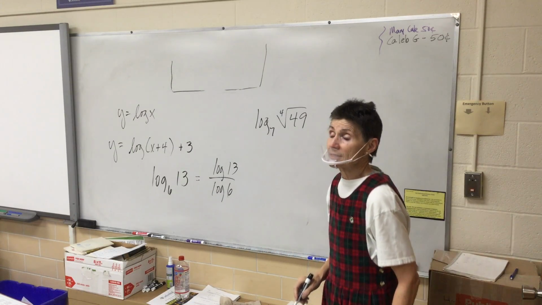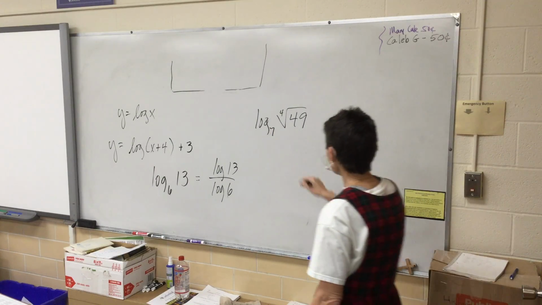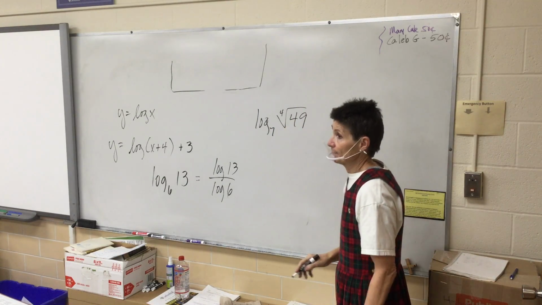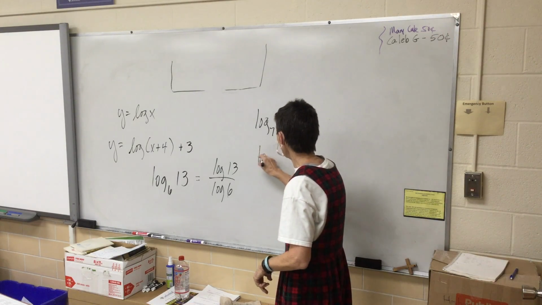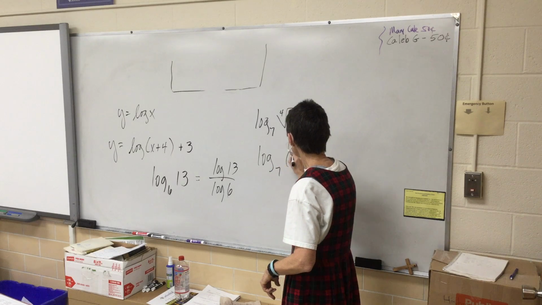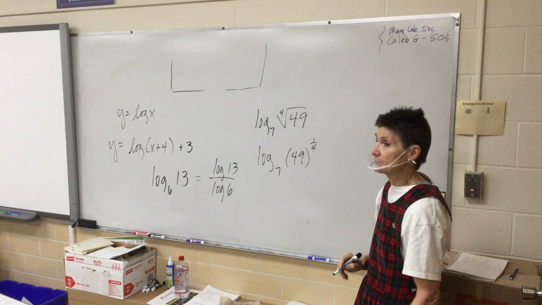I need to figure out what this equals. The first thing I notice is I have a radical. That is not a good thing, okay? So I'm going to change that fourth root into what? Yep, the 1/4 exponent. That's exactly right.